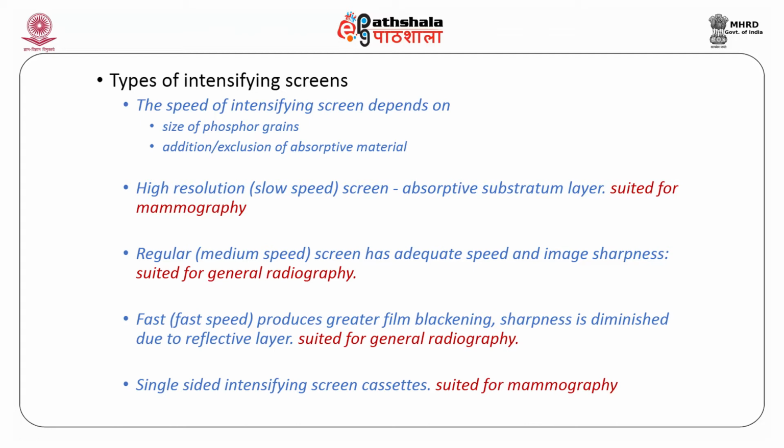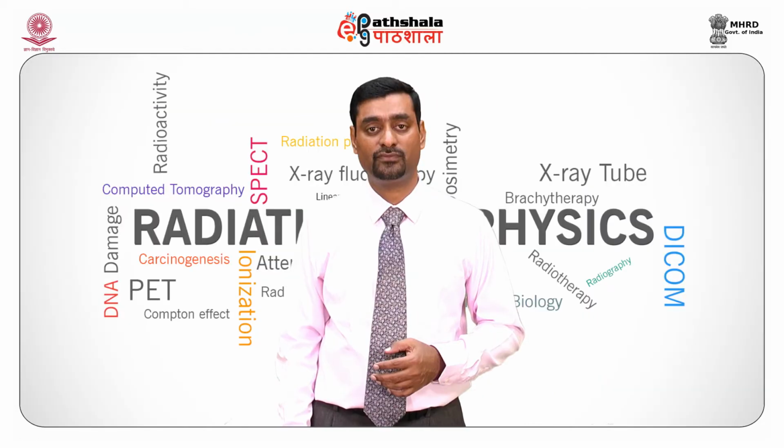Regular medium speed screens have adequate speed and image sharpness, well suited for routine radiography. Fast speed produces greater blackening of the film. The sharpness is a bit diminished due to the reflective layer, so it is suited for general radiography too. Single-sided intensifying screens are well suited for mammography, where you need better image resolution.